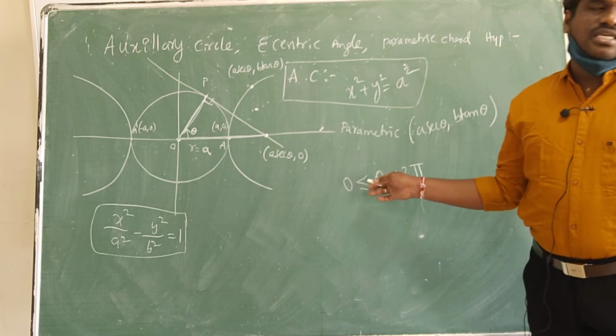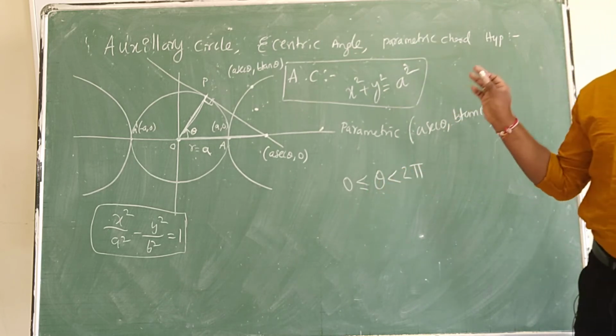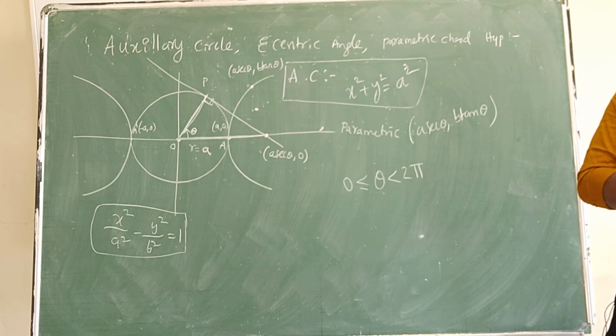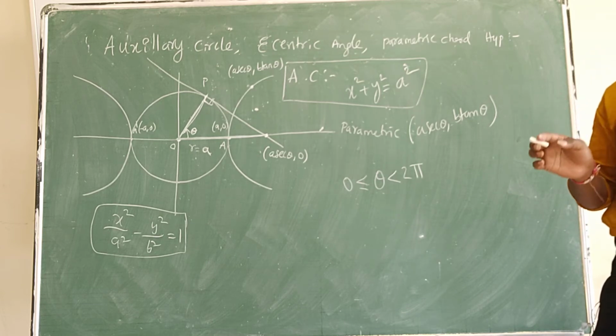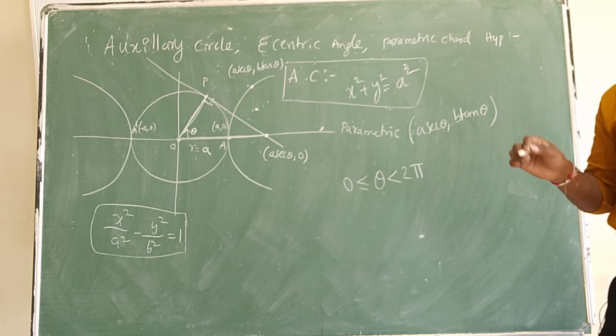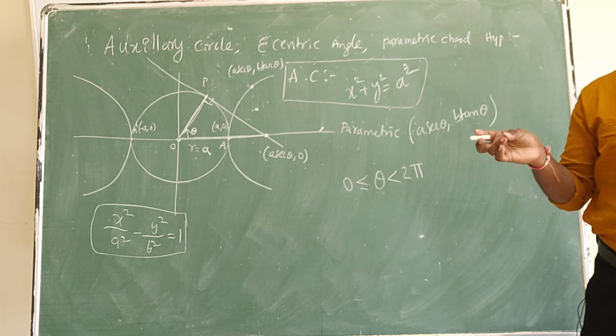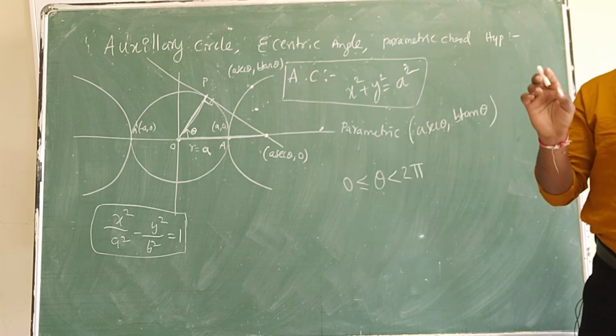So eccentric angle lies between 0 to 2 pi. Okay, and here there is an exception, because sine and cos exist everywhere from 0 to 2 pi. Sine theta, cos theta will exist everywhere.